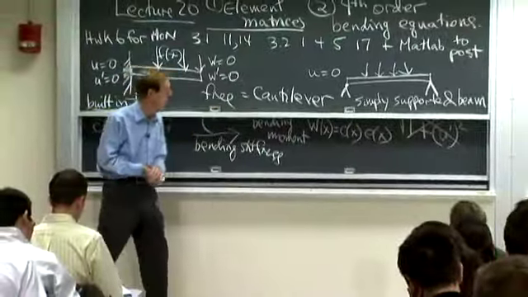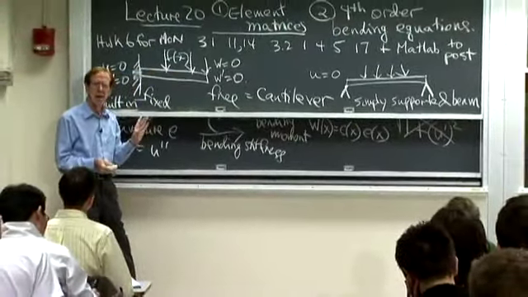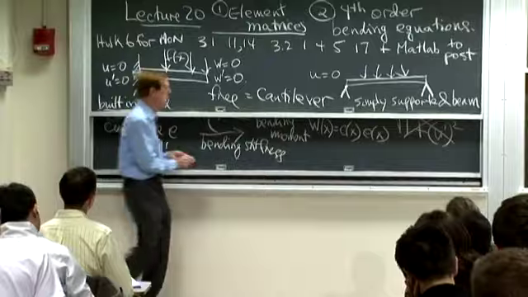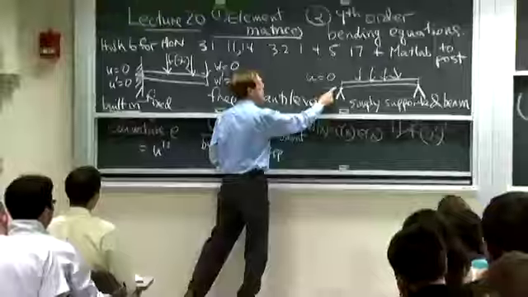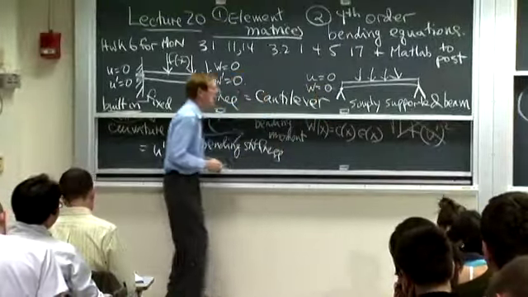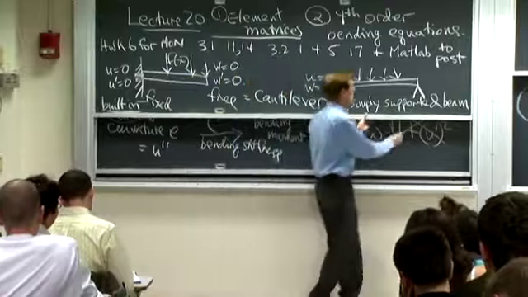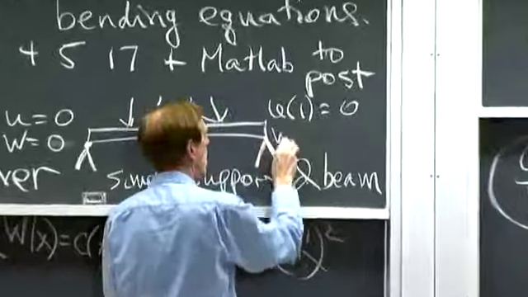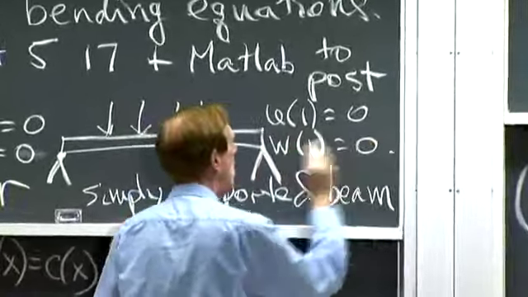It sits there on that support. And what else is happening at that support? There's no bending moment. Nobody's here, right? So it's W equals 0. And at this end too. Also at this end, U at 1 is 0, and W of 1 is 0. Yeah.